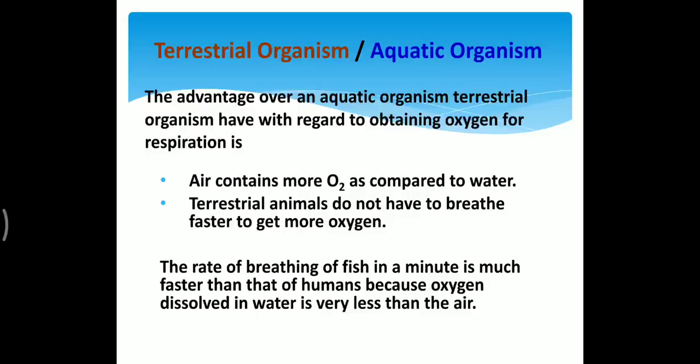In water there is less oxygen, whereas in air there is more oxygen. Terrestrial animals do not have to breathe faster to get more oxygen. The rate of breathing of a fish in a minute is much faster than that of humans because oxygen dissolved in water is very less than in the air. The oxygen dissolved in water is very less compared to the oxygen percentage in the air.